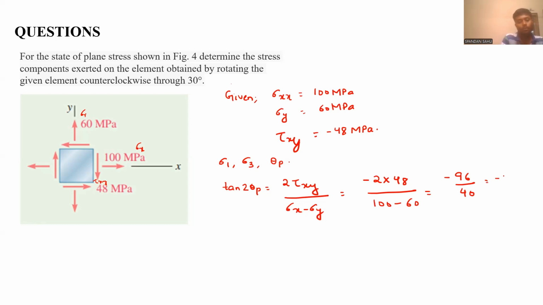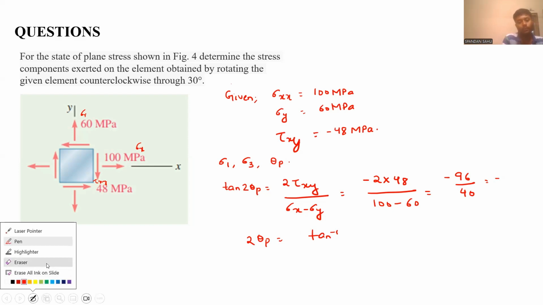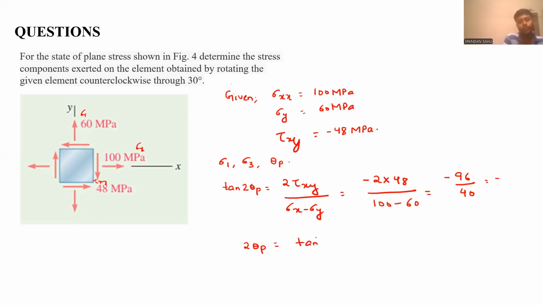So 2 theta p is tan inverse of minus 96 by 40, which comes out to be minus 67.38°. So theta p will be minus 33.6°. Correct?